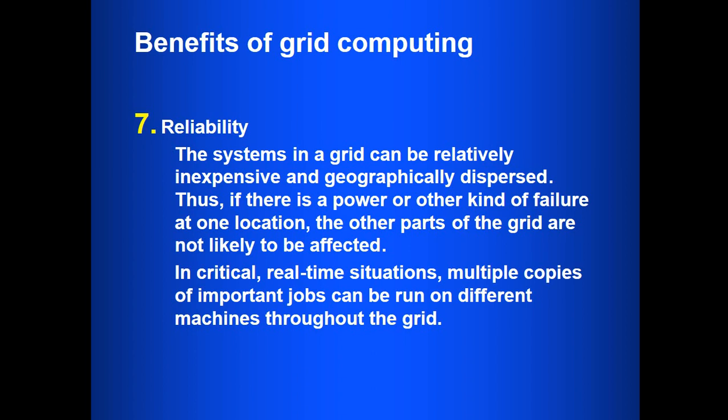Thus, if there is a power or other kind of failure at one location, the other parts of the grid are not likely to be affected. Grid management software can automatically resubmit jobs to other machines on the grid when a failure is detected.